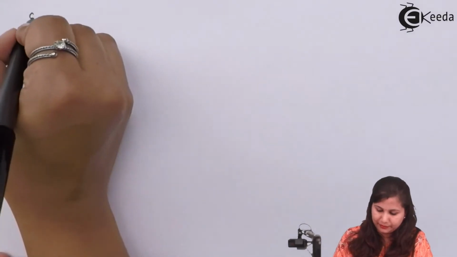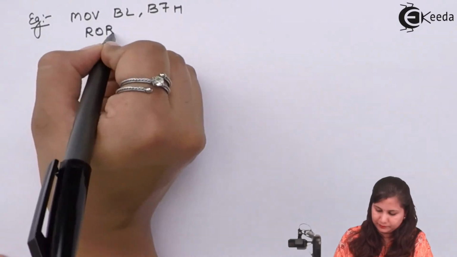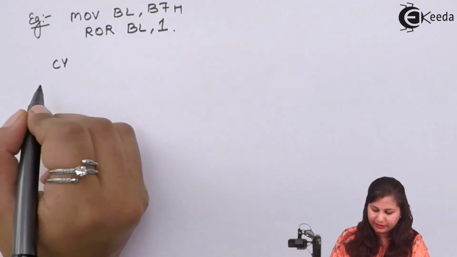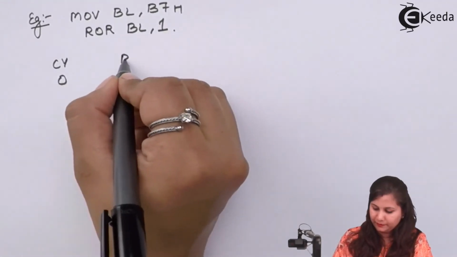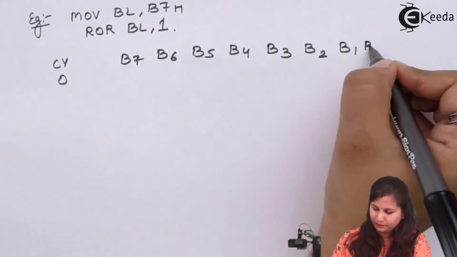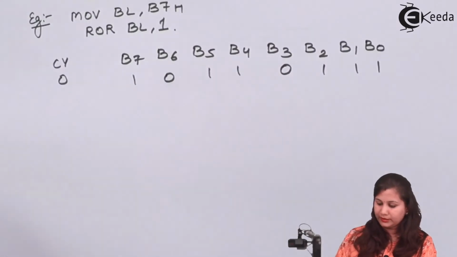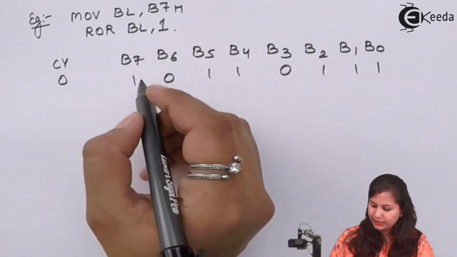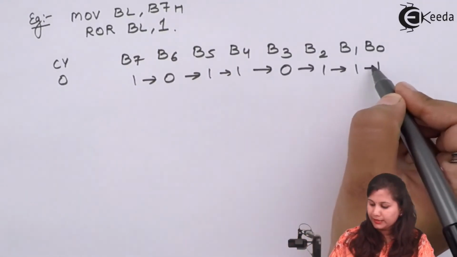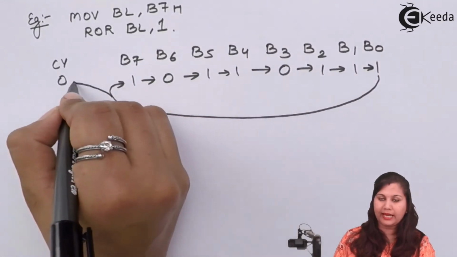Taking the same example, so before execution, suppose we are having the carry flag as 0. Okay, so all the contents, they will be shifted to the right hand side. This LSB will be placed at the MSB and also in the carry flag.